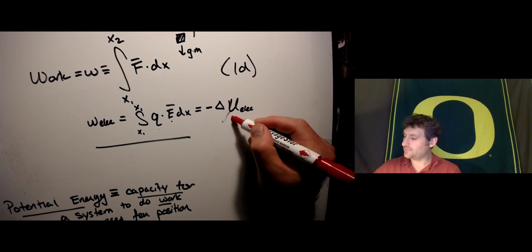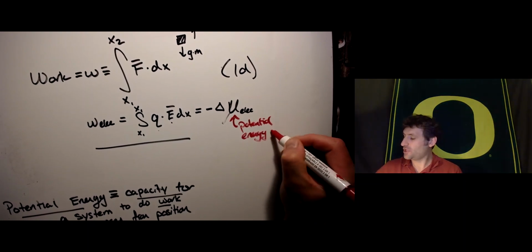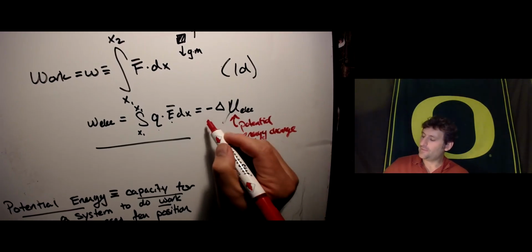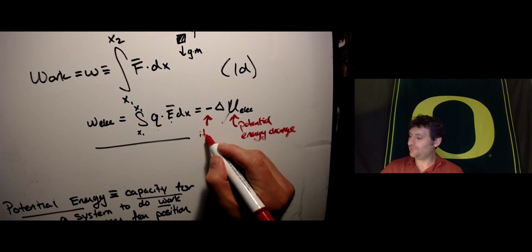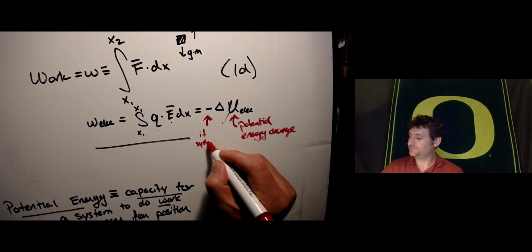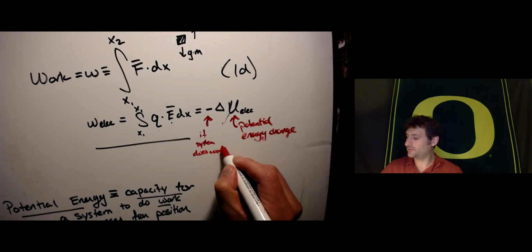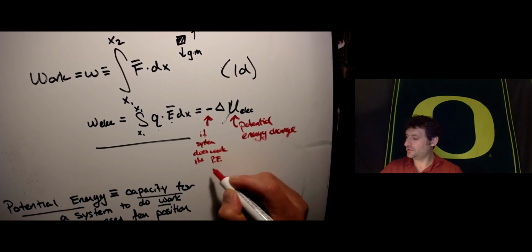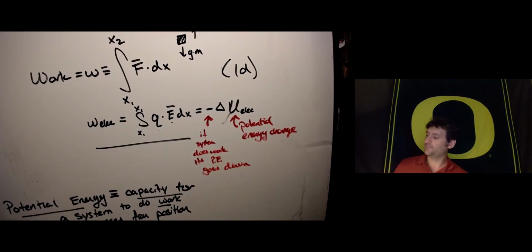And this is going to be, again, the change in potential energy of the system. And the negative sign there is because if the system does work, its potential energy goes down. Okay, so you can see the sign there.